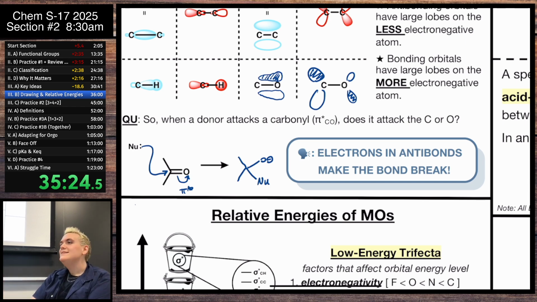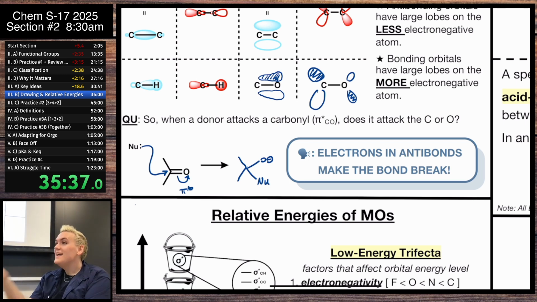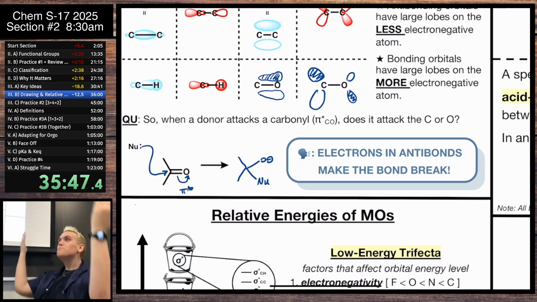Electrons in antibonds make the bond break. Great. Now we're trying to get someone's attention across the room, but it's a small room, so you don't need to yell. Electrons in antibonds make the bond break. Great. Now we are in a lecture hall trying to get someone's attention. Electrons in antibonds make the bond break.